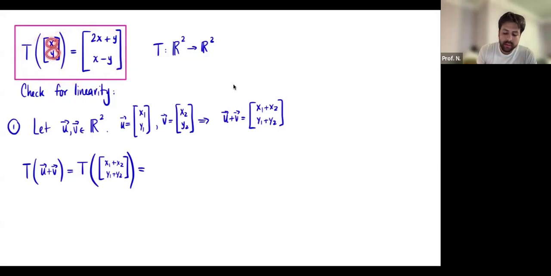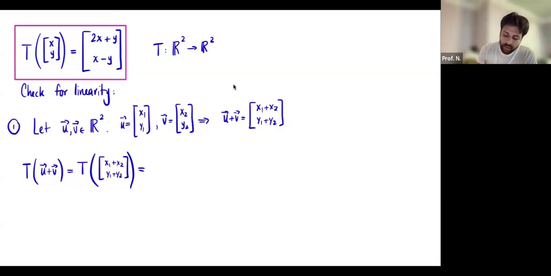When I plug this in, it gives me the first component of my image: double the first component of my pre-image plus the second component. Then my second component is the difference between the first component of my pre-image and the second component of my pre-image.